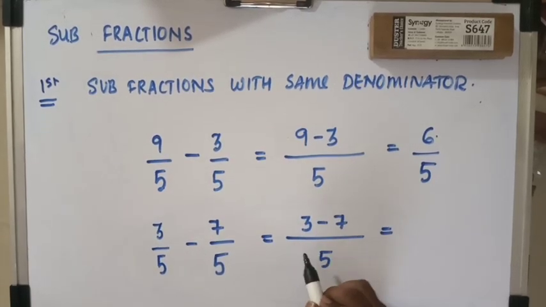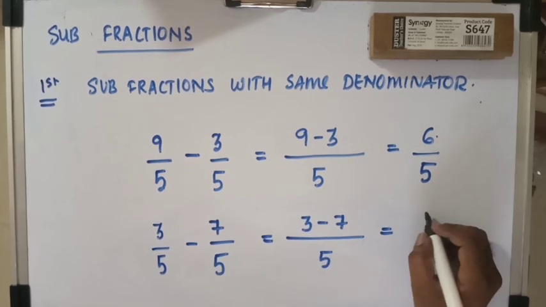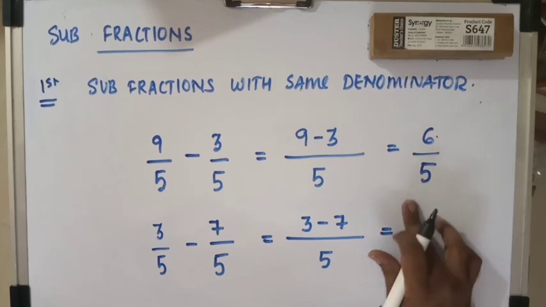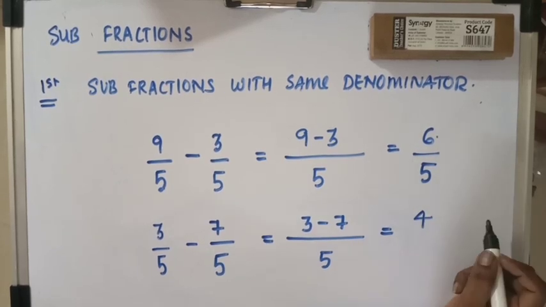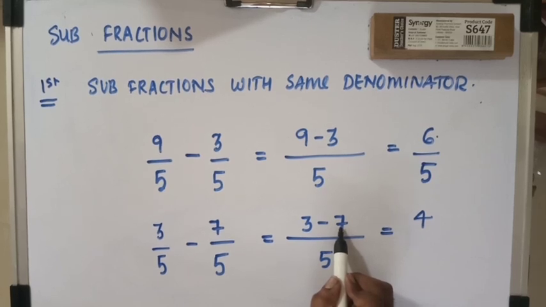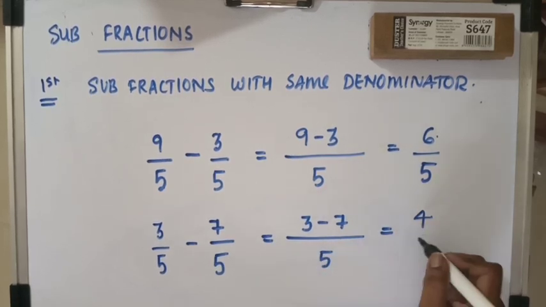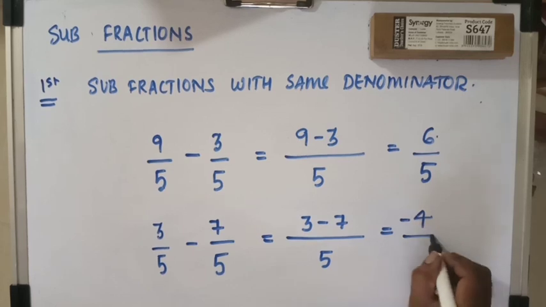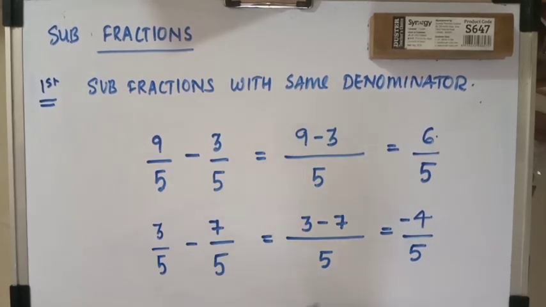So you need to subtract the numbers. 7 minus 3 will give you 4. Now children, which is the greatest number here? The greatest number is 7. 7 holds a negative sign, so my answer will be negative. So my answer is minus 4 upon 5.